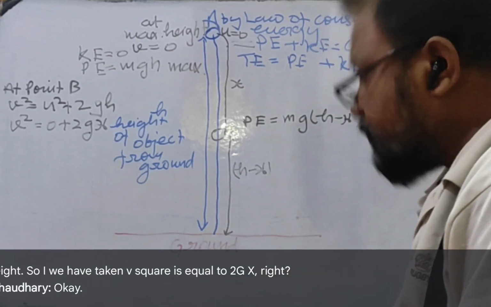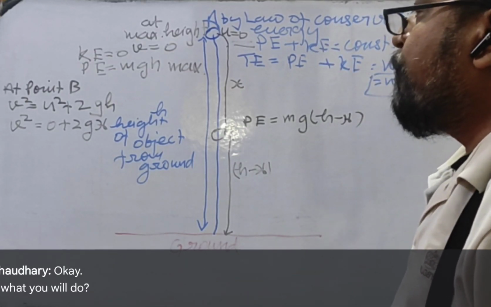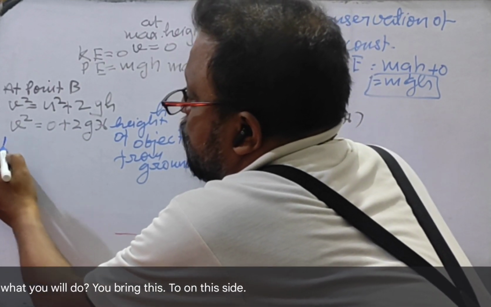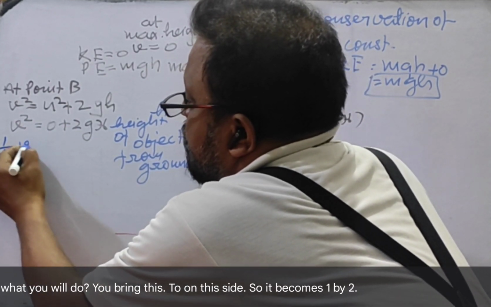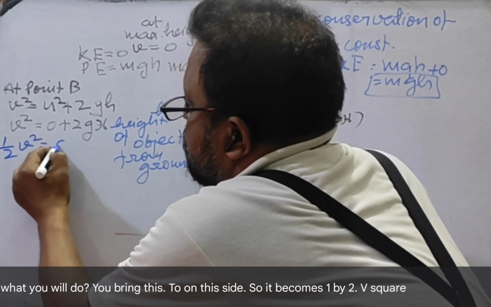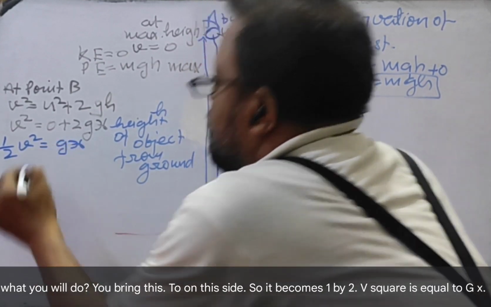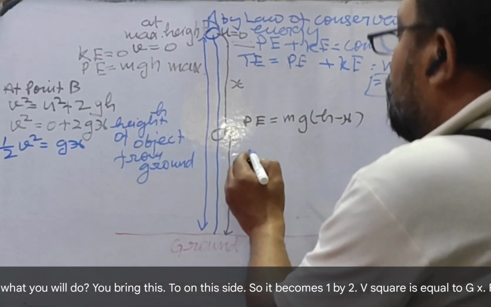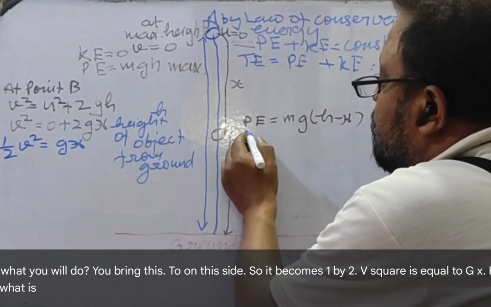Now what you will do, you bring this 2 on this side. So it becomes 1 by 2 v square is equal to gx. Fine. Now you know what is kinetic energy.